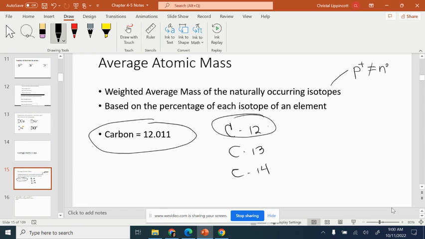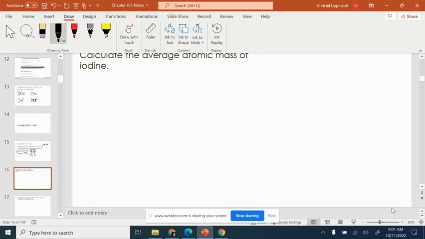Yeah, this one. Now, this number here is higher than 12 because these isotopes exist. These guys are out there in nature, and so they're going to bump this number up from 12 just a little bit because there's some out there.